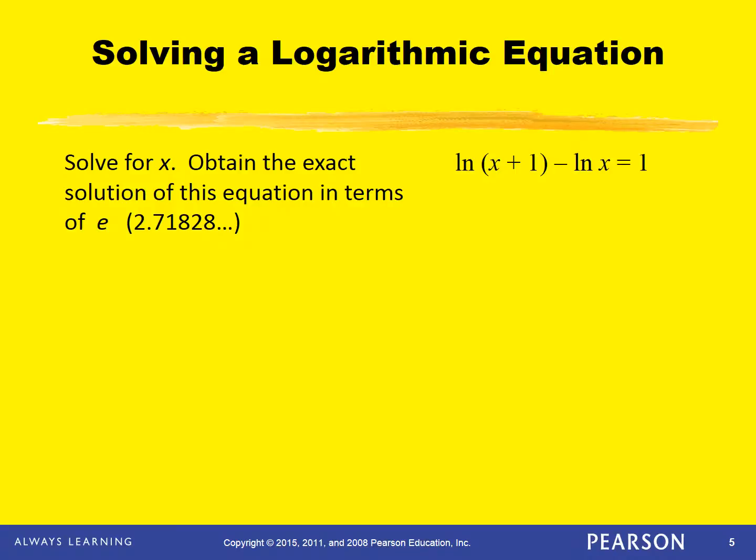Okay, so here we have a difference of logs, and of course it's the log of a quotient which is the difference of logs. So we can write the left-hand side as a single logarithm with the same base e. It's a natural logarithm, and the argument is the quotient of the two arguments.